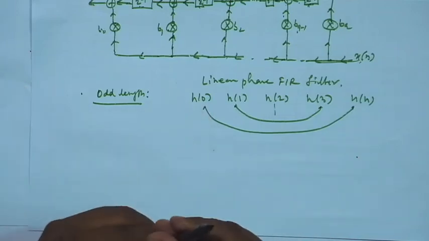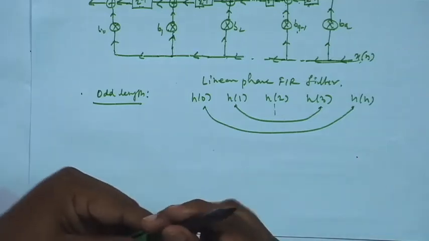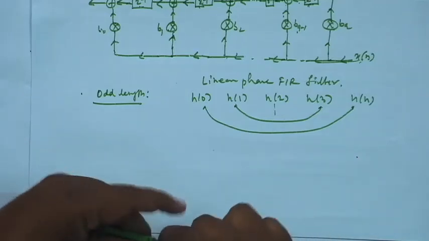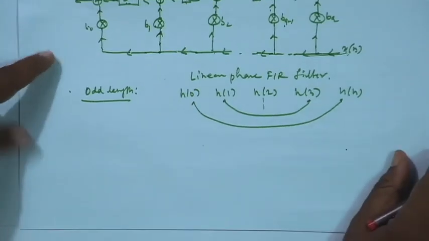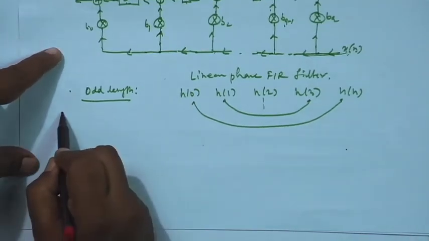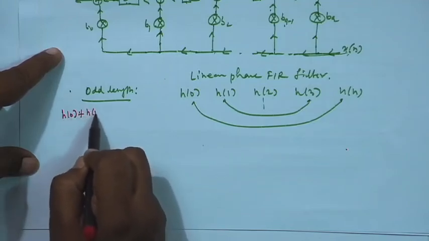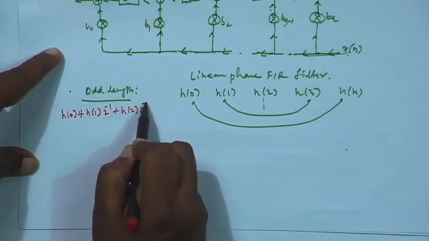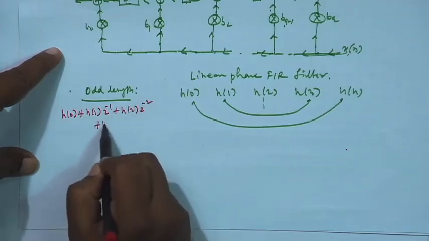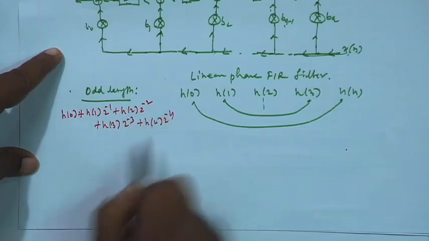Okay, length odd. Then what is the transfer function? Transfer function is h0 plus h1 z inverse plus h2 z inverse 2 plus h3 z inverse 3 plus h4 z inverse 4, right. This is a general form I am writing.